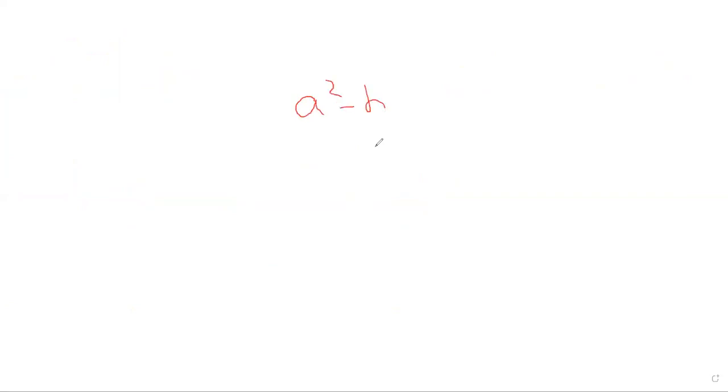A square minus b square is equal to a plus b into a minus b. Now we are going to solve the question for this formula, okay?